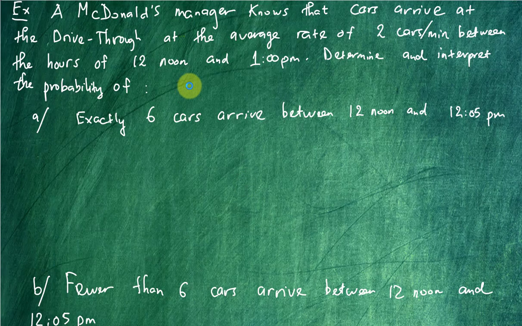Okay, now let's go over one example for finding the probability of an experiment using this process. We use the same example of the McDonald's manager.